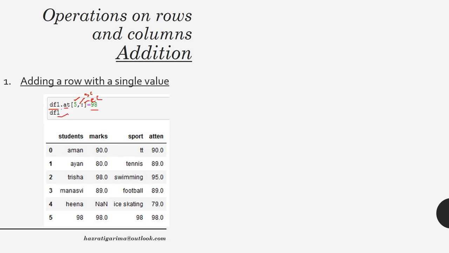Now I'm printing my data frame. You can see over here your index is 5 that we have given, and from start column till end column, the value is 98. So it is taking 98 as a string in one column, 98.0 as a float in another. Because of this the complete attendance column will become float.